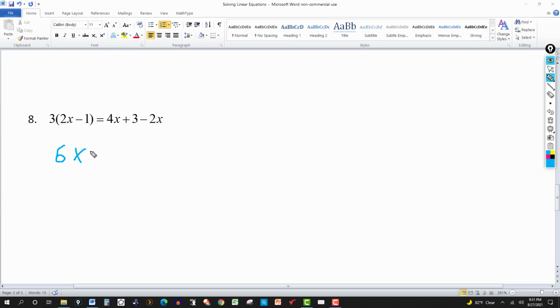And then 3 times a -1 is a -3. On the right side, I don't have any parentheses, but I do have some like terms. I can combine x's with x's. So 4x minus 2x is 2x. Combine your terms. And then what's left? I have a +3 here.